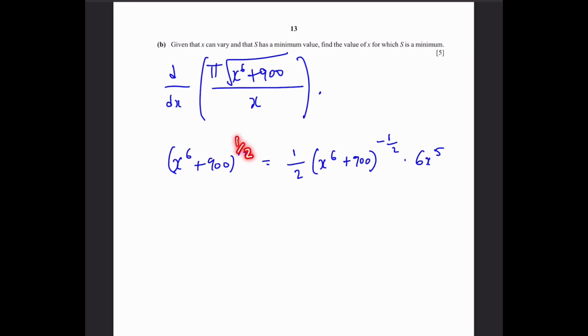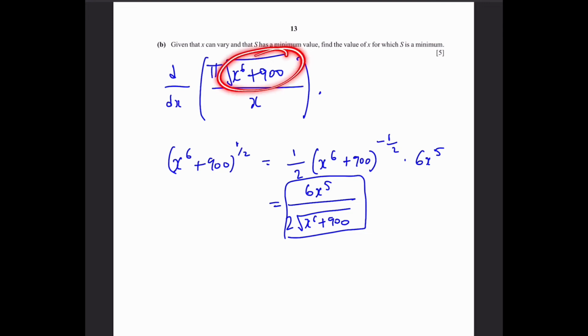So the derivative of the outside is the derivative of some function f of x to the power of half, which is this. And then the derivative of the inside function is just the derivative of f of x. In this case, x to the power of 6 plus 900 is f of x, and therefore we get 1 by 2 root of x to the power of 6 plus 900 times 6x to the power of 5, so we write it like this. And this is our derivative for x to the power of 6 plus 900.